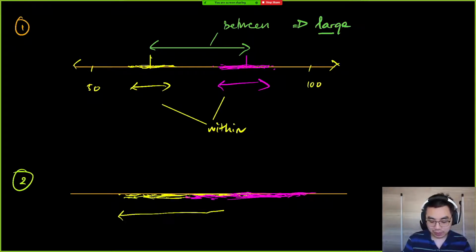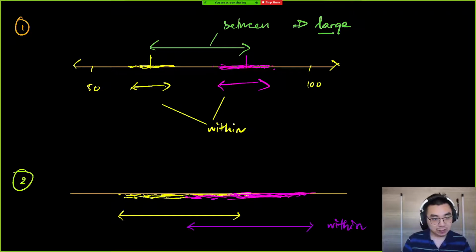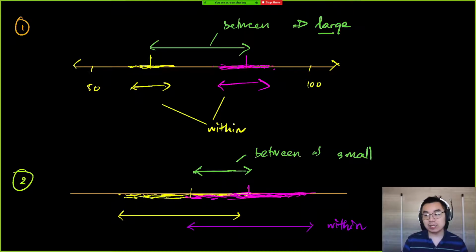You have this within group variation for class 1 here, and this within group variation here for class 2. And the between group variation is probably something like this. Those are the means, so it's represented by this amount right here. This is the between group variation, which you can see is proportionately very small compared to the within group variation.